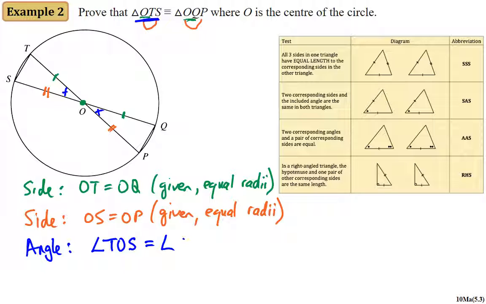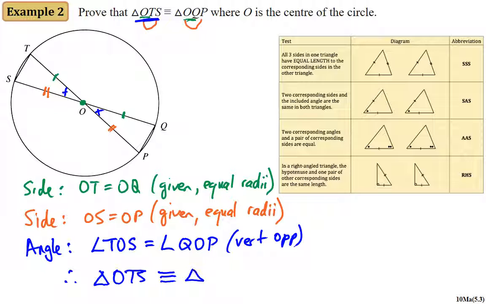So in the next one it's second letter, which is Q, first letter, which is O, and third letter, which is P. So angle TOS equals angle QOP. Why? Because they are vertically opposite, which means triangle OTS is congruent to triangle OQP by angle, angle, side. And that's that one. Let's move on to example number 3.